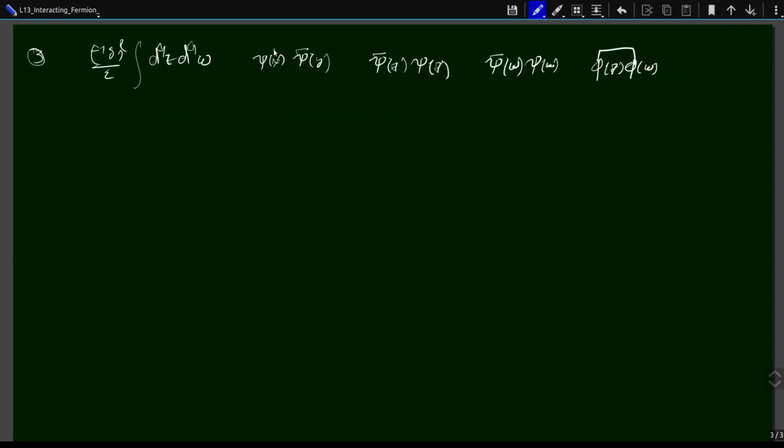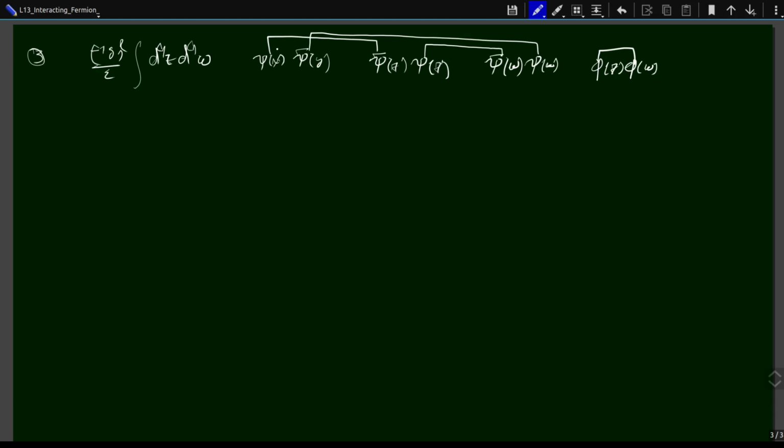Let's say x contracts with z. Okay, then y contracts with w. Okay, then I have no option left, but this z has to contract with this w. This is the contraction pattern.